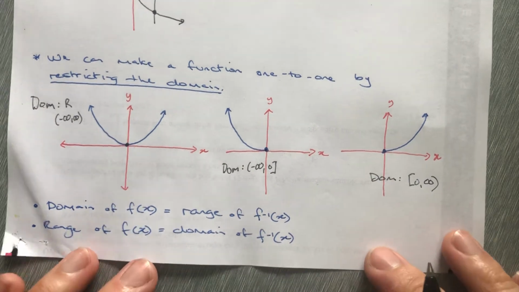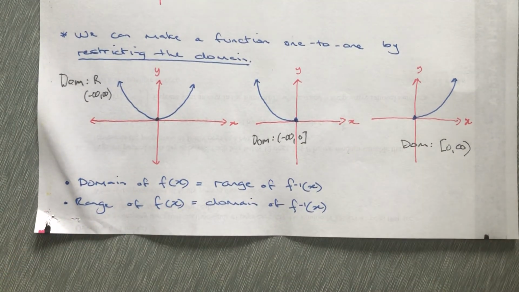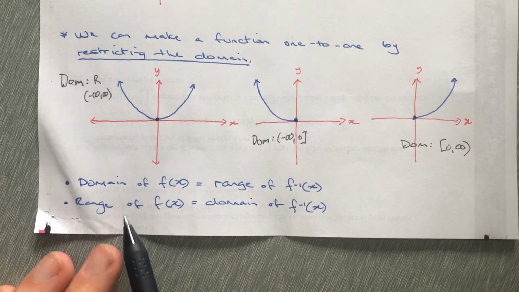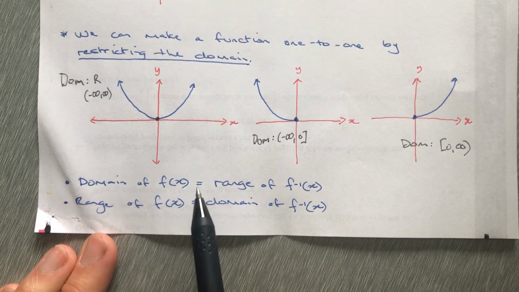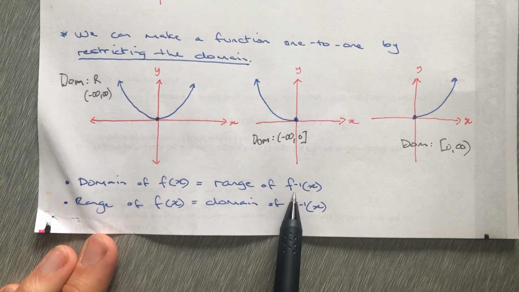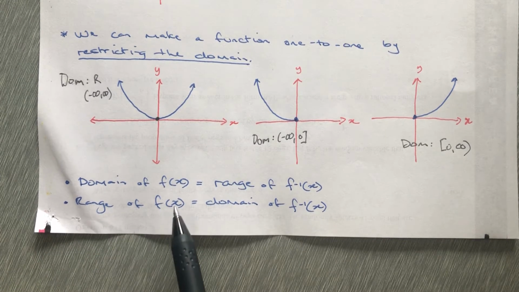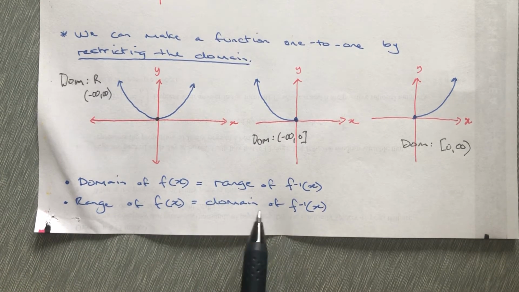Now, another thing that we need to know that's going to make our life way easier is that because your x and y values are swapped, your domain and range have also swapped as well. So the domain of your original function is the same as the range of your inverse, and the range of your original function is the same as the domain of the inverse.